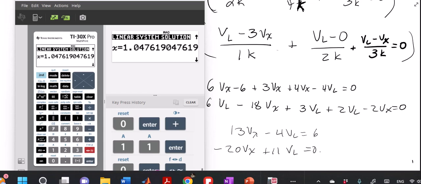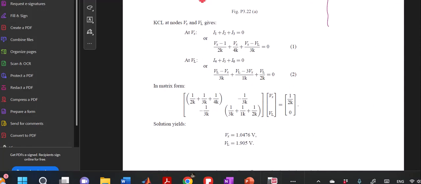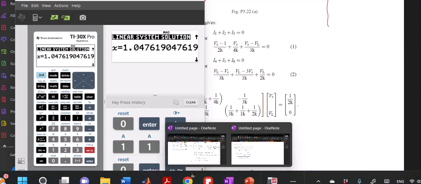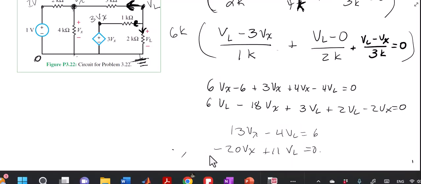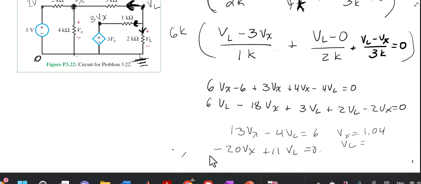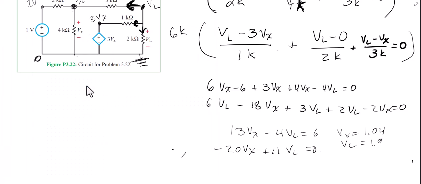I think that's right. Yep. So Vx was 1.04 and VL is 1.9. Okay, questions on that one?